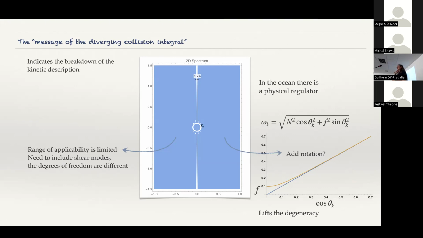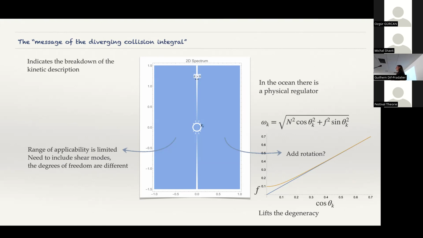But another simple message, and this is related: in the ocean there are no regulators and there is no problem of measuring a clear spectrum of internal gravity waves. I think the reason for that is that you have rotation in the ocean. The rotation is small compared to stratification, but analytically it's very important because it lifts the degeneracy of the connection from waves to the degrees of freedom when omega is going to 0.